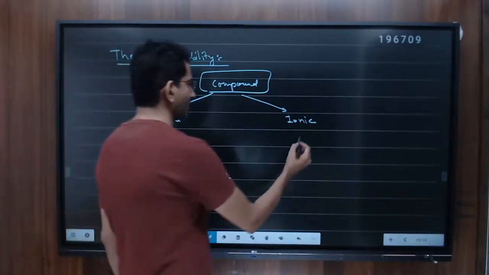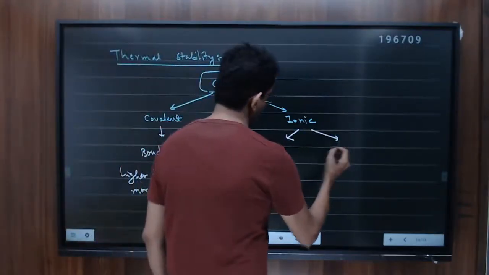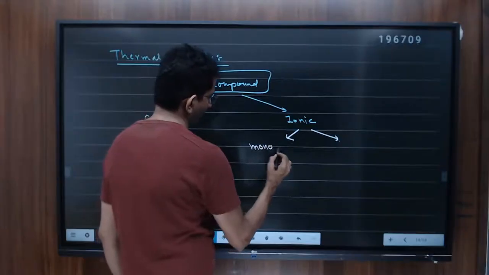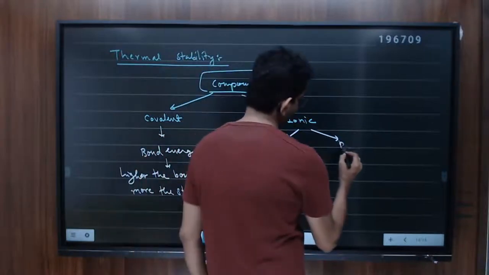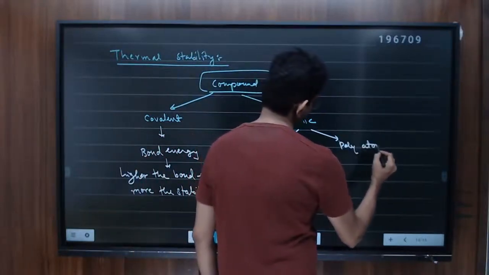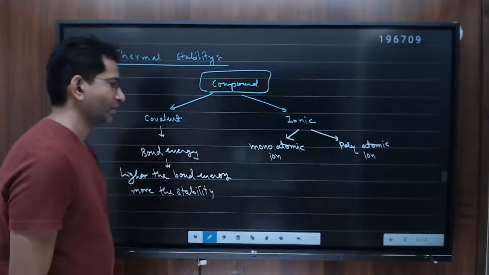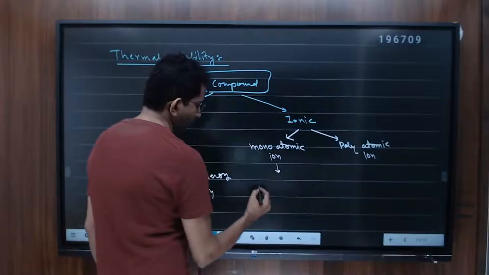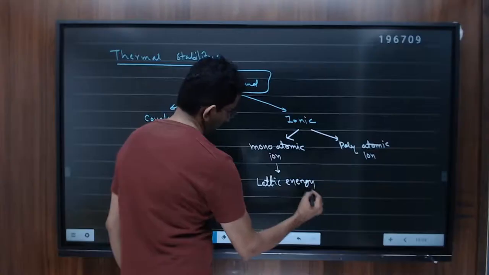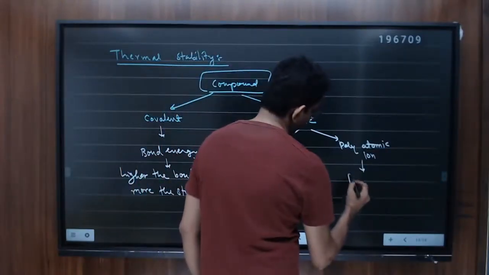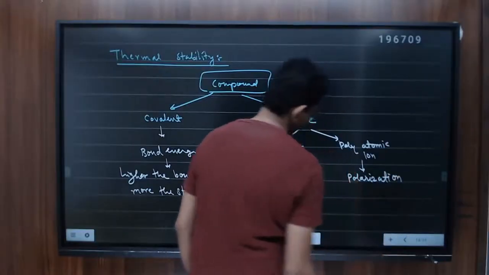Now if you have an ionic compound, you will have to find out two things: is it a monoatomic ion or a polyatomic ion? In a monoatomic ion, you will focus on lattice energy, while in a polyatomic ion, you will focus on polarization. Just now what we have studied.